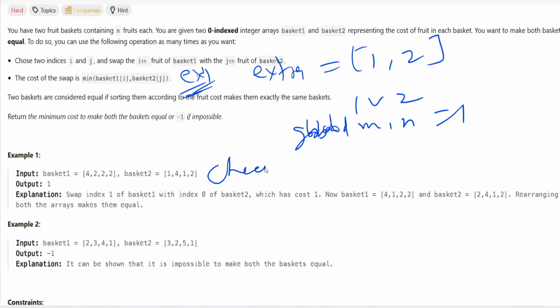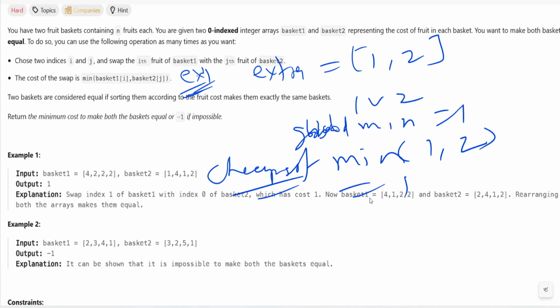So what is the cheapest mean? If we take 1 and 2, we'll do a direct swap, and it will give you the value 1.